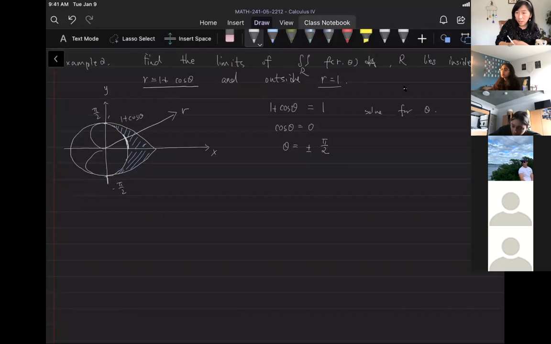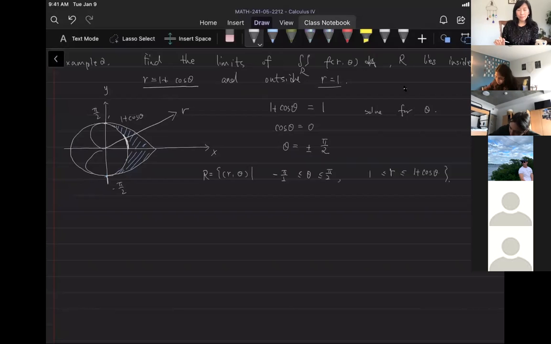R1 should be, R is equal to 1? Yes. So if you write down the limits, theta goes from negative pi over 2 to pi over 2, and R from R1 to R2. R1 should be 1, which is the circle, and the outside is 1 plus cosine theta.